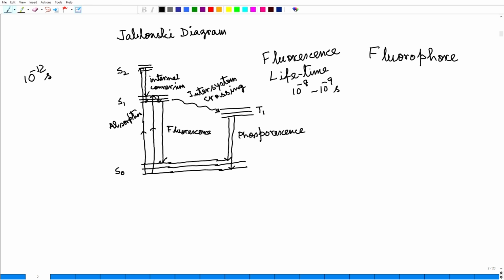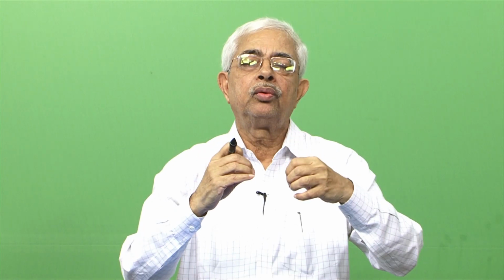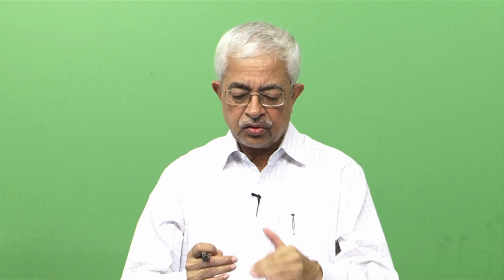Another important thing: when I have written these lines, I tried to put them vertical. In my hand it does not look vertical, but they should be vertical lines. Why vertical? Because this axis gives us an idea about the nuclear separation of the fluorophore. We assume that nuclei are very big compared to electrons, which are jumping.